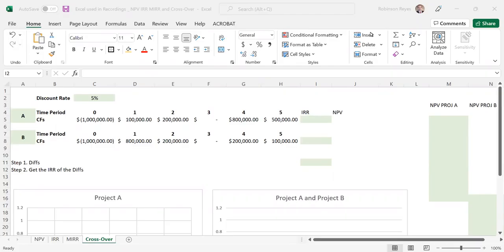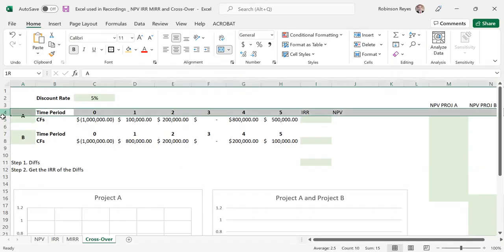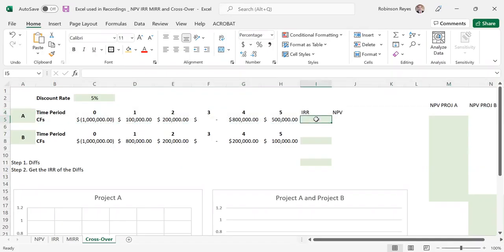Okay, so let's refresh that we have been talking about the net present value and about the internal rate of return. Here we have two projects, so we will start with project A right here. For project A, we are already experts, so we know how to get the IRR and we also know how to get the NPV with the Excel shortcuts.